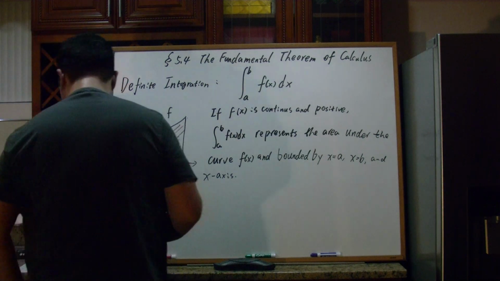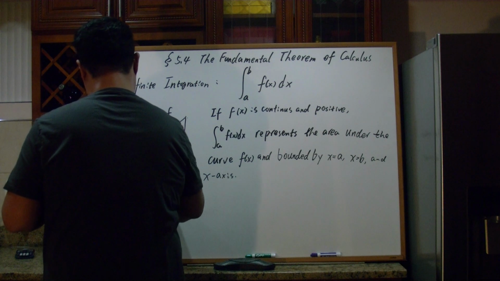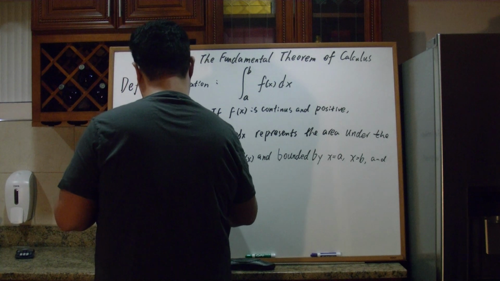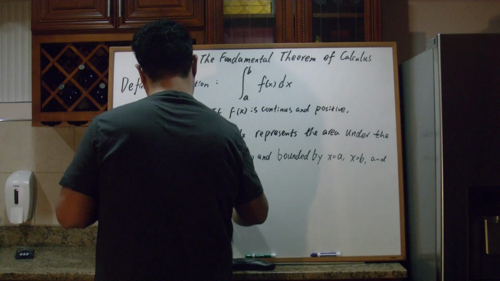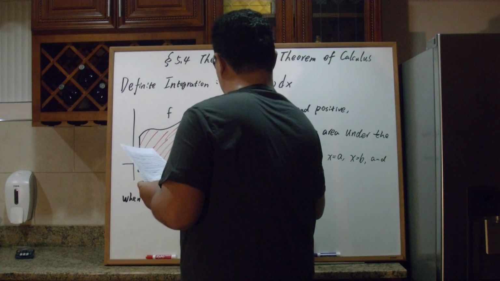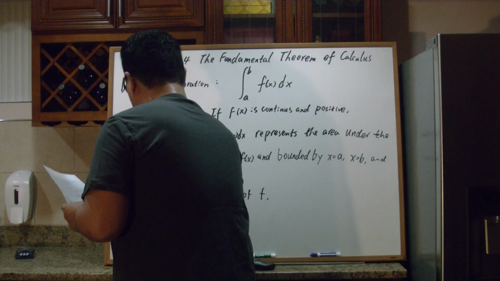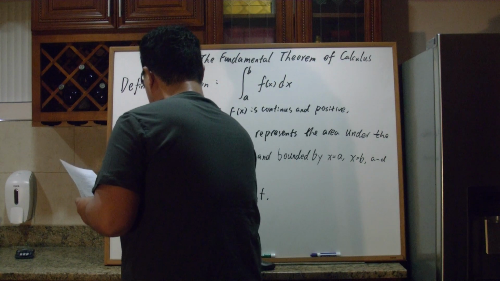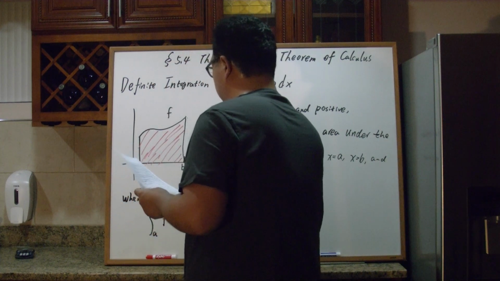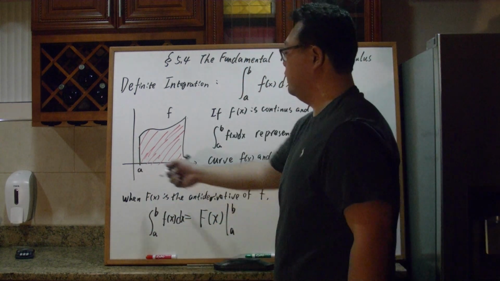How we calculate it is, when F of x is the antiderivative of f, the integral from a to b of f of x dx is the antiderivative evaluated from a to b.